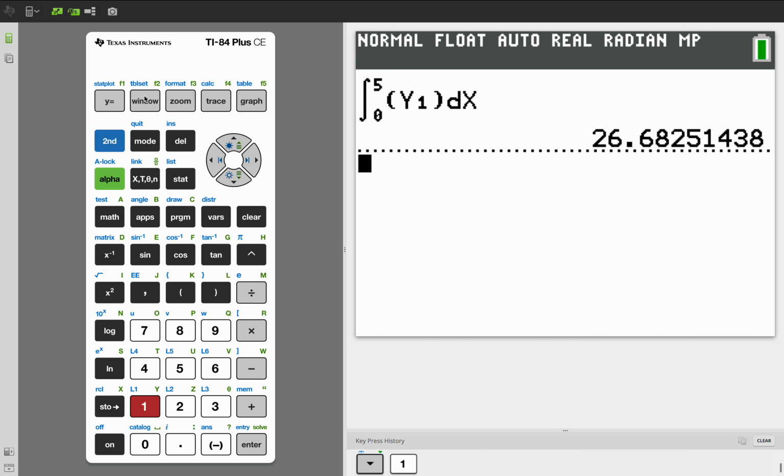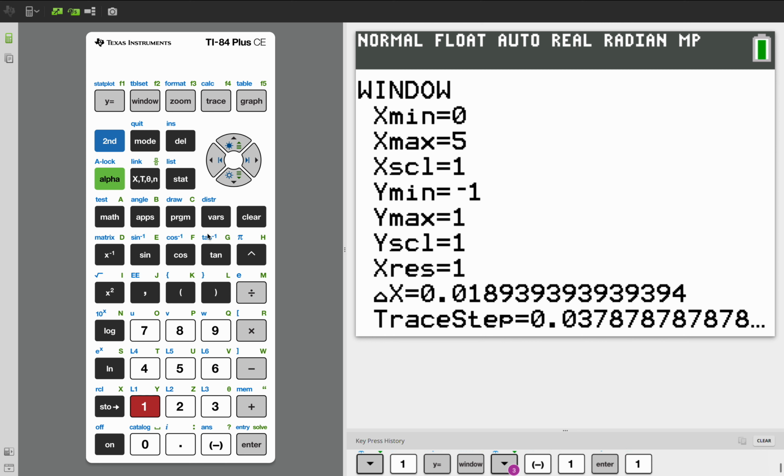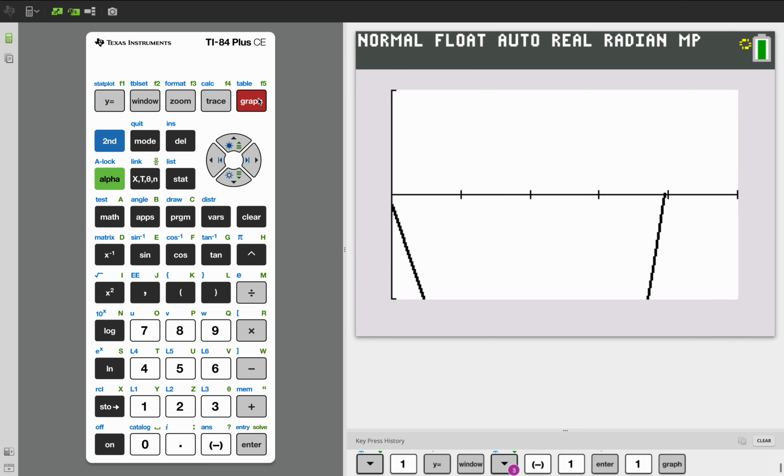Change your scale so that it doesn't look stressful. You want to be as close to 0 as possible so that when you look at it, you can actually see it. Here, I know that this is about 3 point something.